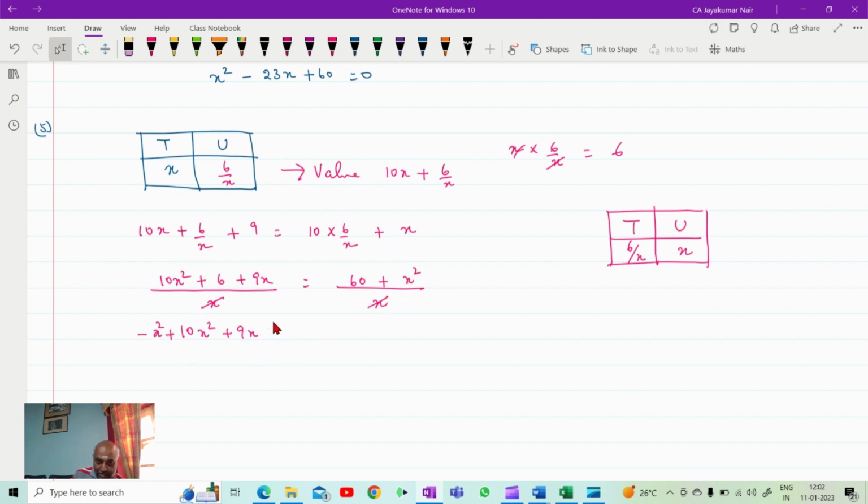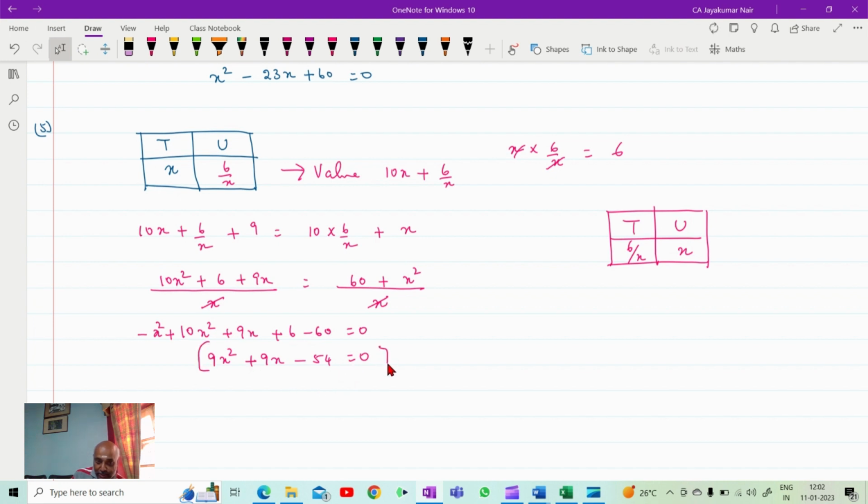This x squared, I'm bringing it here, plus 9x plus 6 minus 60 is equal to 0. I brought everything to this side. When I do this, I get 9x squared plus 9x minus 54 is equal to 0.